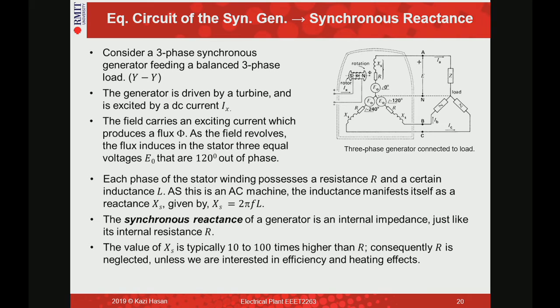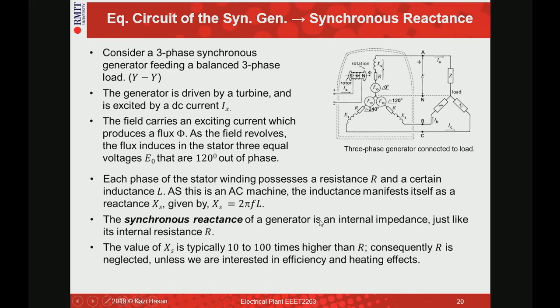That is fine. And each phase of the stator winding has resistance and a certain inductance. That is for practical reasons. And this inductance in each phase creates a reactance. This is again the basic definition of reactance, 2 pi FL.